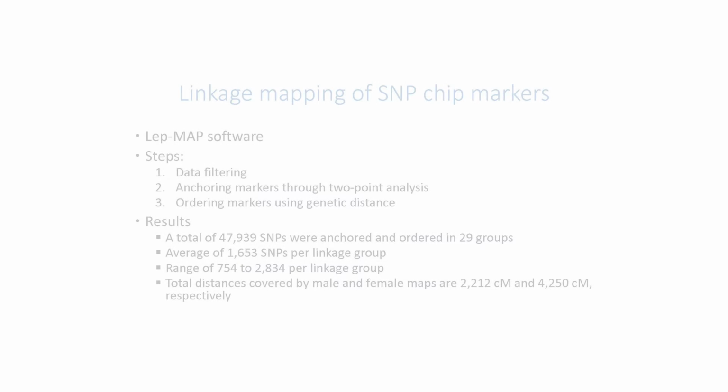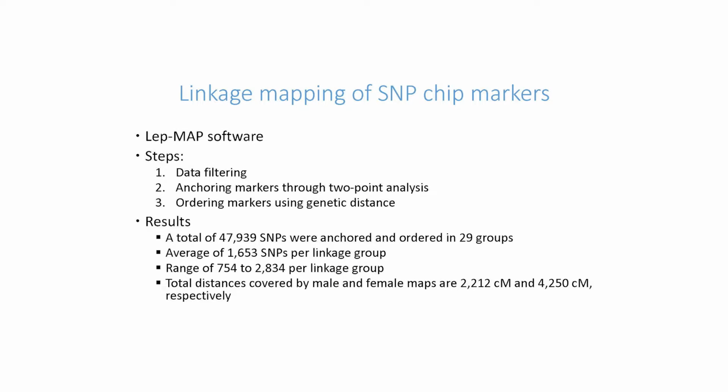Using this genotype data, we can put about 48,000 SNP markers in the linkage map, and these are the SNP chip markers that can be linked in the linkage map.